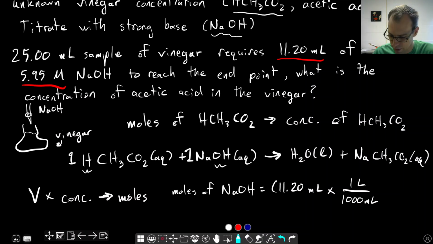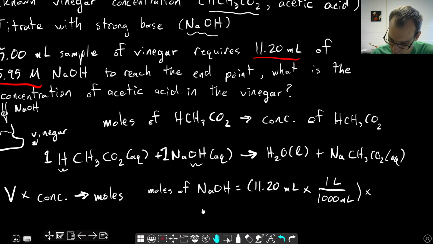This conversion will show up a lot. And then we multiply by our concentration. Let me give myself a little bit more space on the side here. So our 5.95 moles per liter, and that's moles of sodium hydroxide.